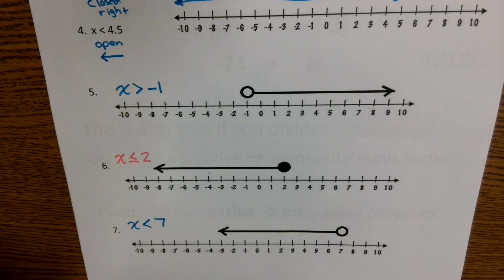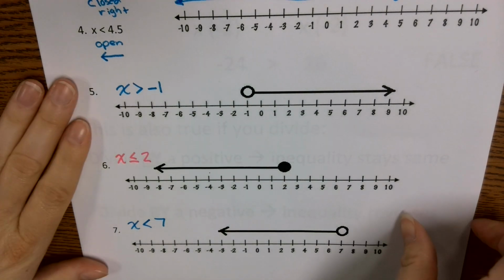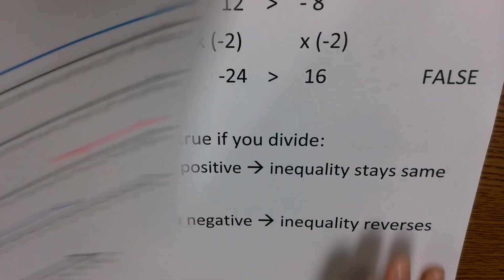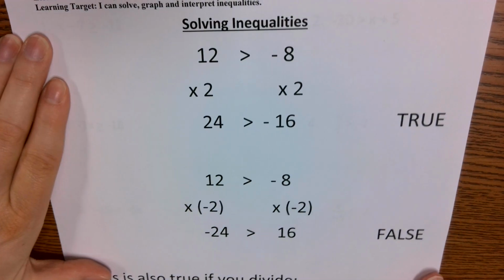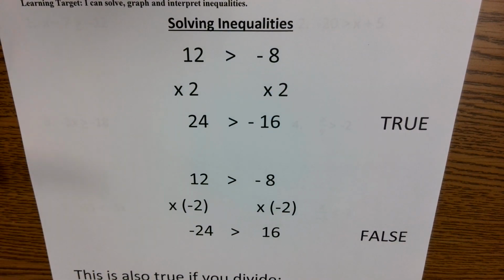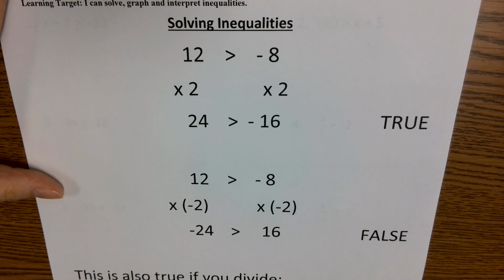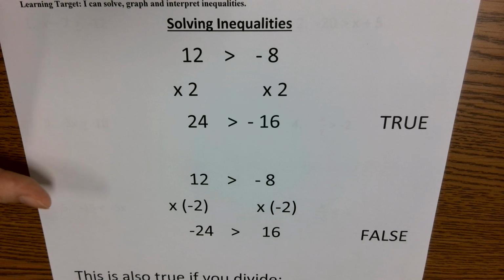Solving. So the only thing that's different with inequalities versus equations is the negatives. When you are encountering a negative value, a negative integer, if it's multiplication or division, things get tricky.